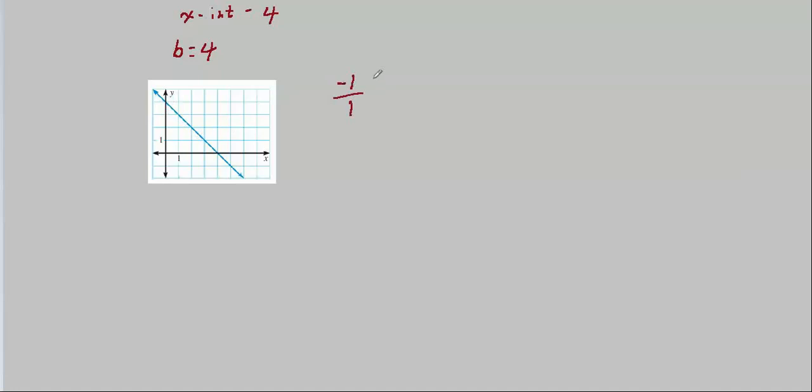So, what do we have? y equals mx. mx is, of course, minus 1 times x, plus 4. Or just minus x plus 4. Very easy.